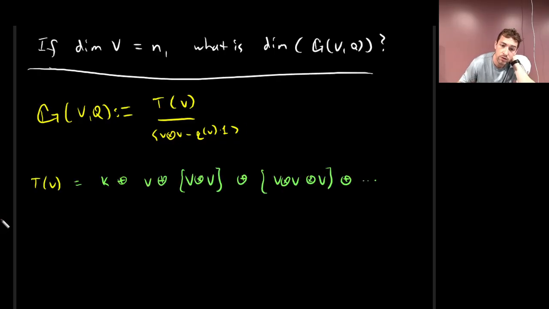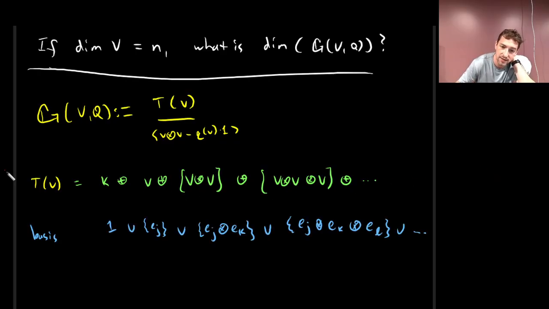Now, let's remember the tensor algebra. What is it? Well, it's the field, direct sum the vector space, direct sum the degree 2 tensor product of the vector space, plus degree 3 on up to infinity. And so the basis here, what spans it: the number 1 is going to span this, whatever the identity is.